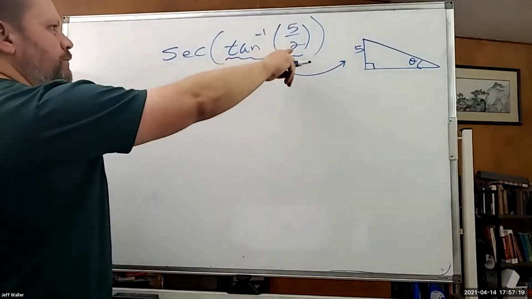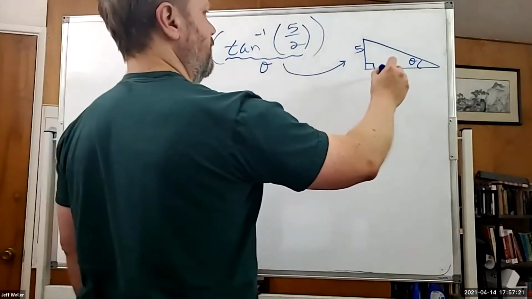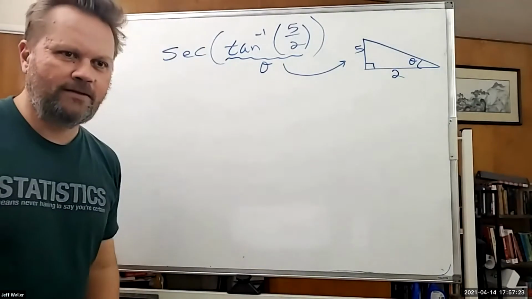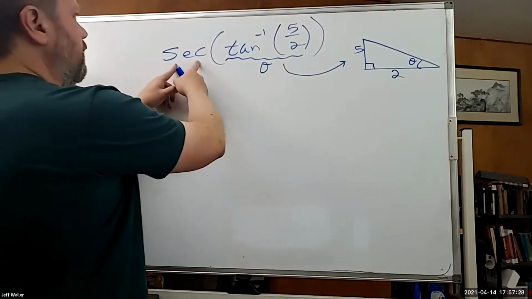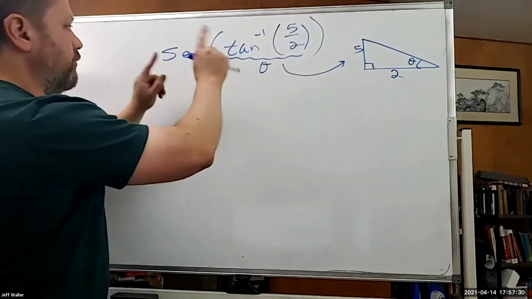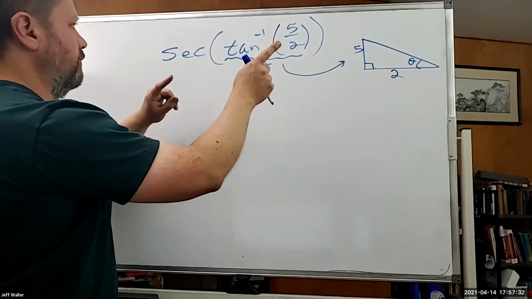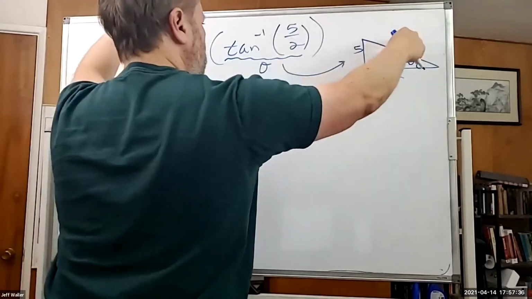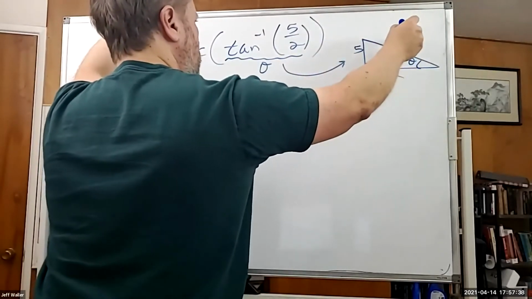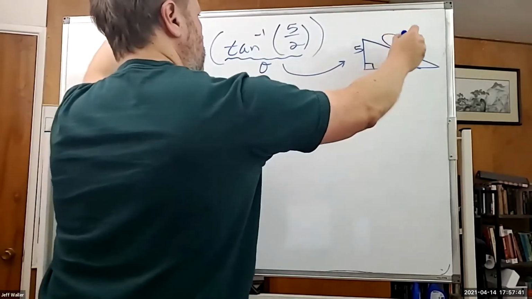And what side is 2? The bottom one. Yes. And then of course, secant is related to what? Cosine. So cosine would be 2 over hypotenuse. So secant would be hypotenuse over 2. So I've got to figure out what the hypotenuse is.